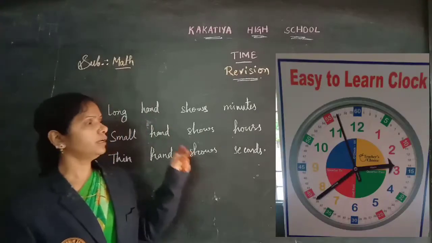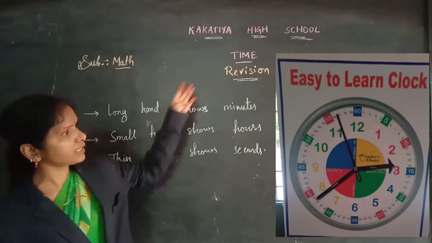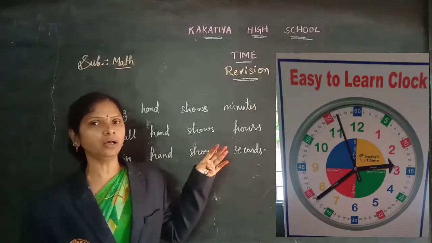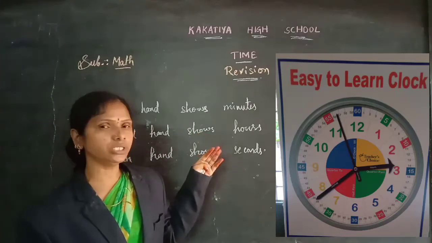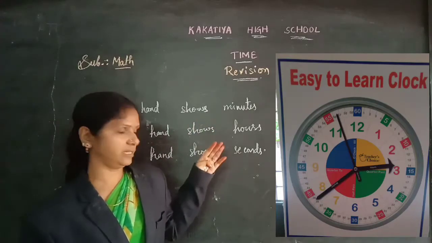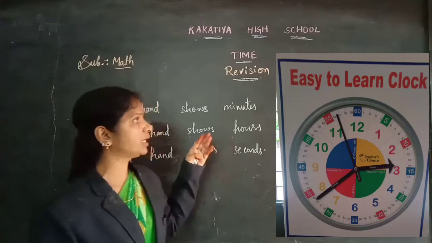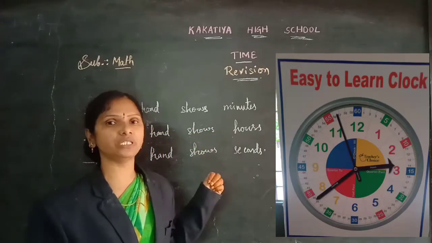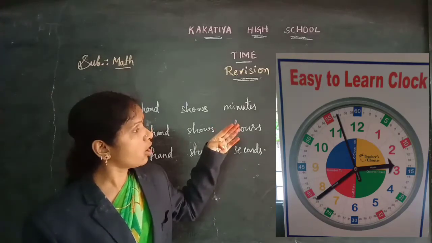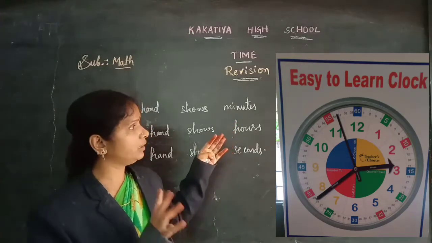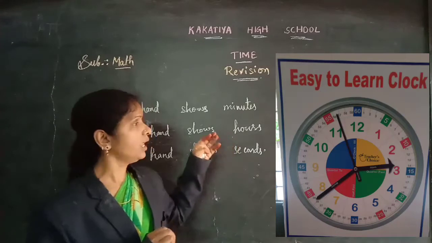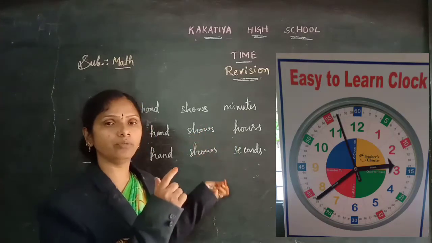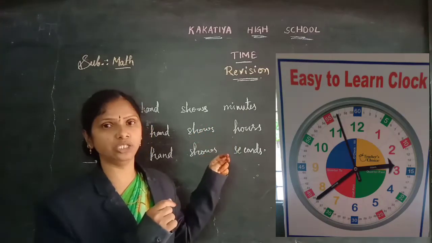Yes, children. Here, once you see these points, have a look at that watch. In that watch you have three different types of hands. The smaller hand shows the hours, children. There are two long hands, one red and one thin.